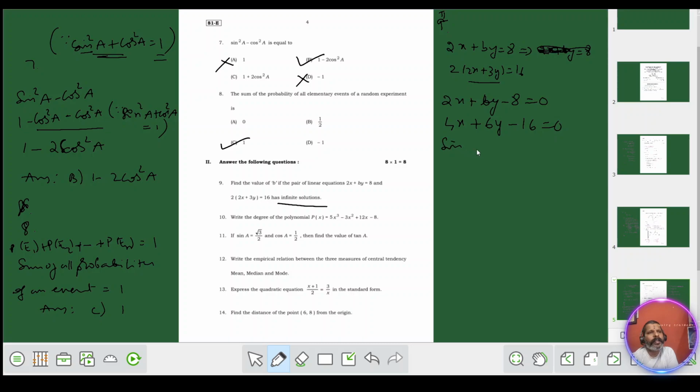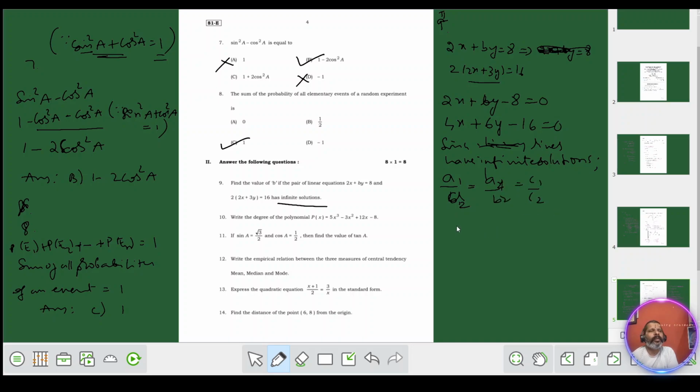So since the lines have infinite solutions, the condition is: A1 by A2 equal to B1 by B2 equal to C1 by C2.